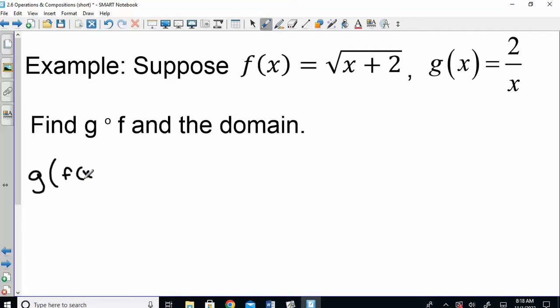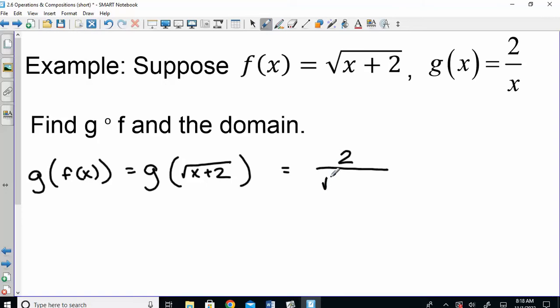So I want g composed with f, so g of f of x. f is the square root of x plus 2. If I put that into g, I get 2 over the square root of x plus 2. Is it proper notation to leave a radical in the bottom?